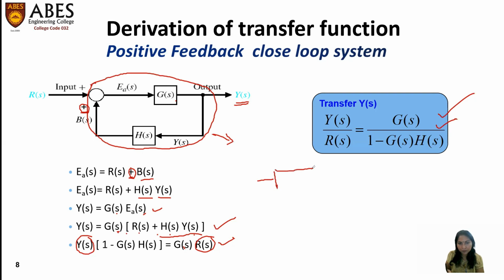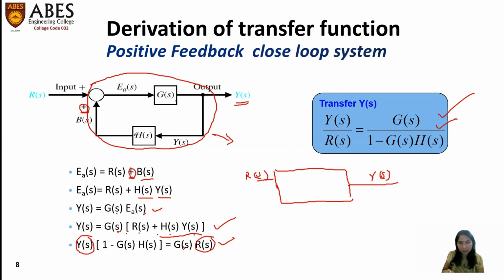So this whole diagram will be simplified in this form. Let's see. This is your R(s) input signal. This is Y(s). And this loop I have solved by using these equations, deriving the expression of the transfer function. With this we have found the complete gain of this closed loop.